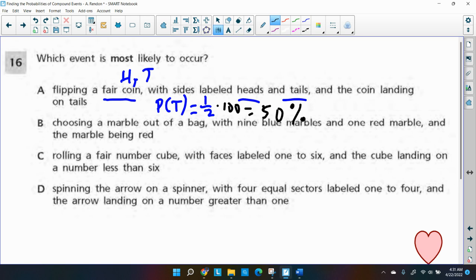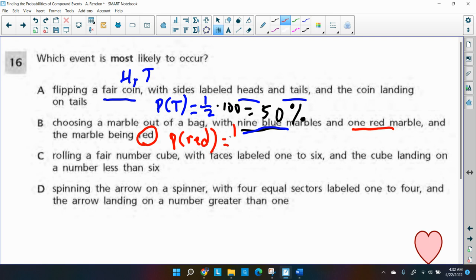Well, then we're going to be playing with marbles. We have 9 blue, and let me underline with blue, and 1 red, or pick white, 1 red marble. That's a total of 10 marbles so far. And they want to choose one of those marbles out of the bag, and that one is the red one they want to choose. So the probability of a red marble.